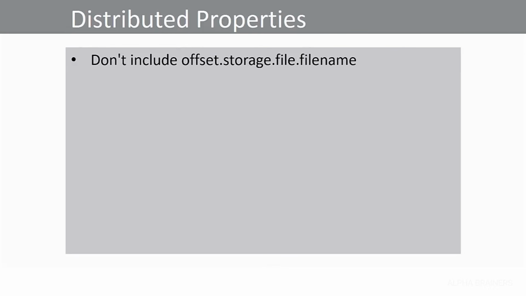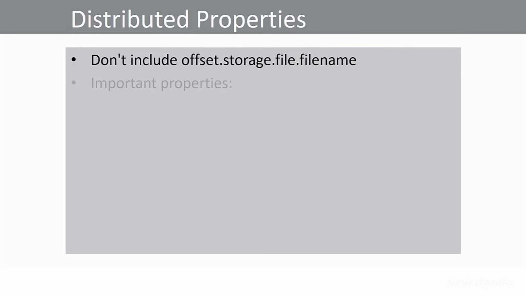That kind of makes sense, by the way, if you think about it, because if you have a distributed Kafka Connect, it could be distributed across multiple systems, and they wouldn't have access to that file directly. So it's got to be stored somewhere else, and so we're going to have to create a topic on our Kafka cluster to store that information in. Also, there's some other information that it can't store inside of a file. Things like task statuses and configs and things like that, those will all be stored in topics as well.